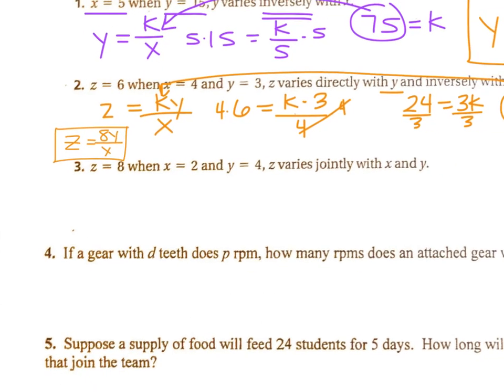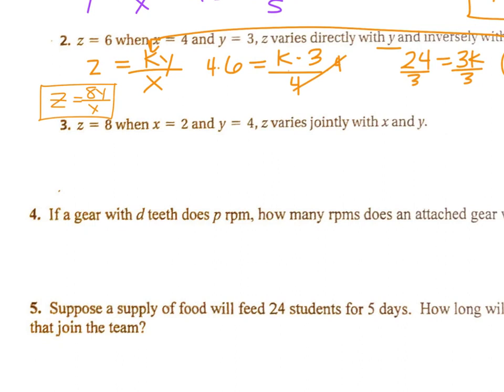Okay. Number 3, z equals 8 when x equals 2 and y equals 4, and it says z varies jointly with x and y. That means we're multiplying both of them. So z equals k times x times y. And then we're going to plug in the numbers.